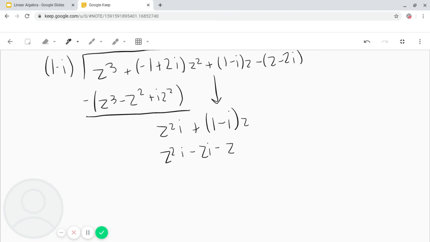And then we're going to subtract that, and we'll end up with 2z minus 2 minus 2i. Bring that one down, which gives us the 2 minus 2i.